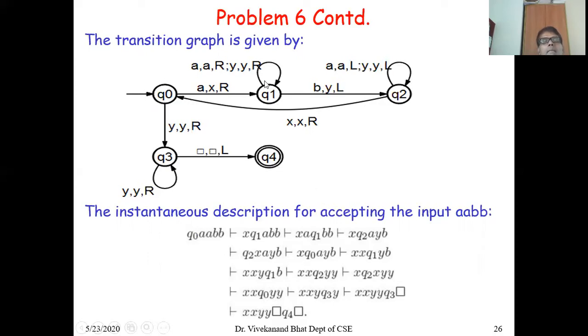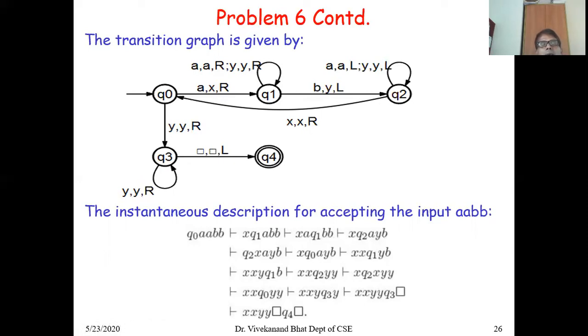So we have to match the first A with the first B, and to recognize that, we are replacing the first A by X and the first B by Y. So the first iteration is completed.